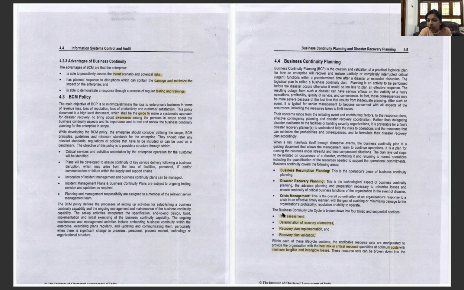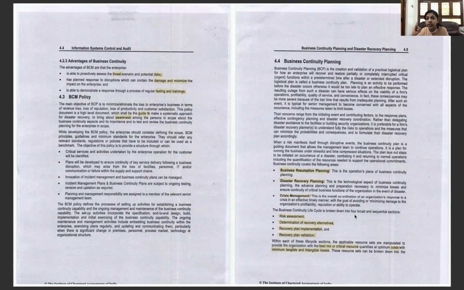So next we have a term called the business continuity life cycle. Business continuity planning has these three keys, and then we move on to the business continuity life cycle. It's broken down into four broad sections. First one, risk assessment.